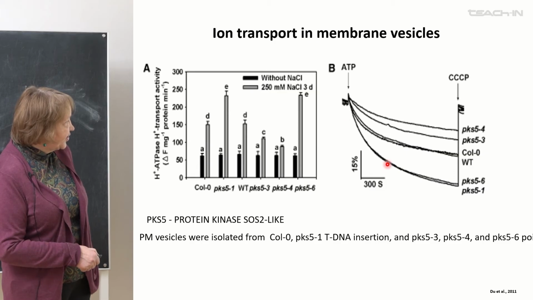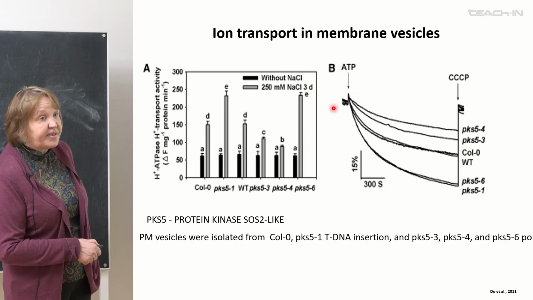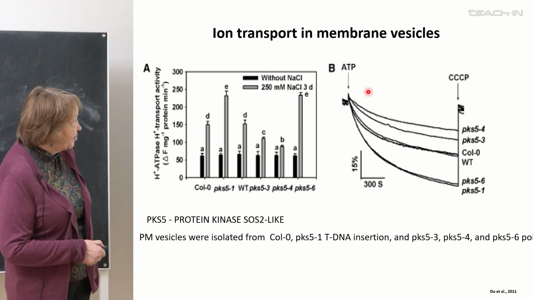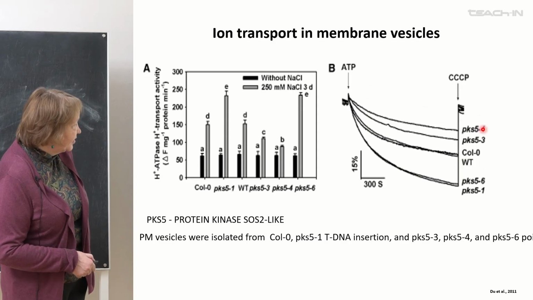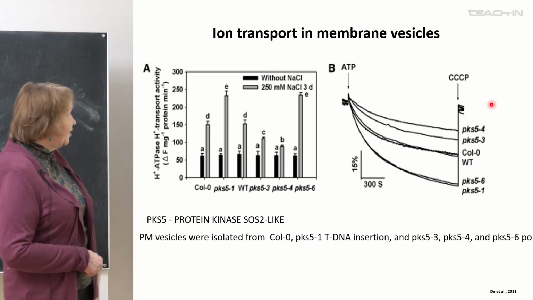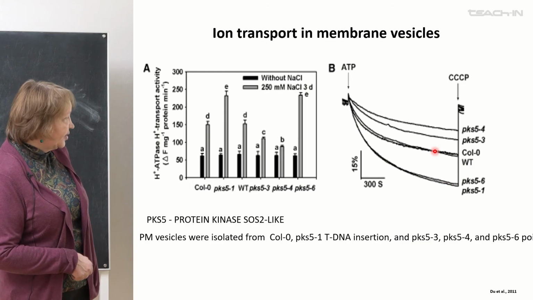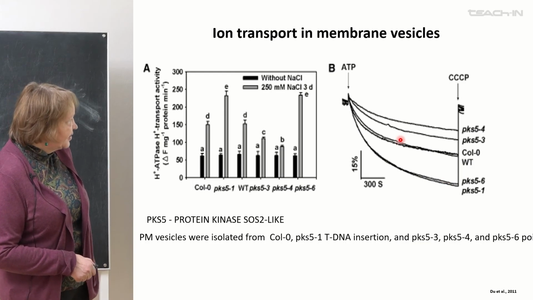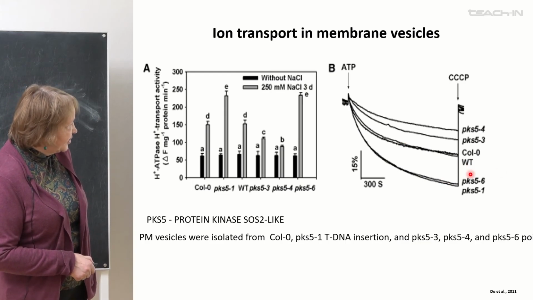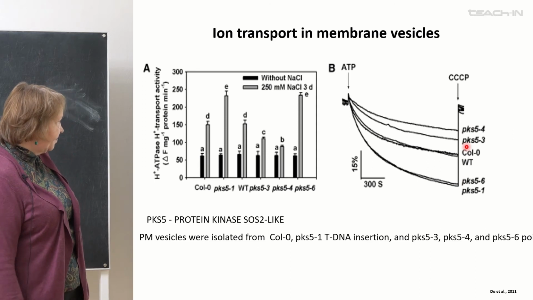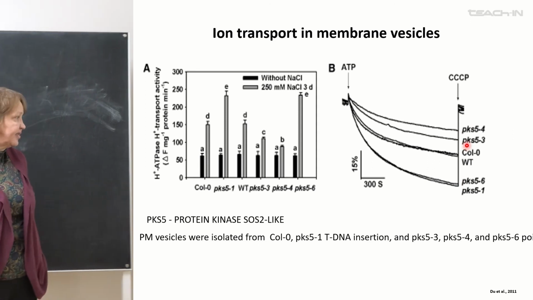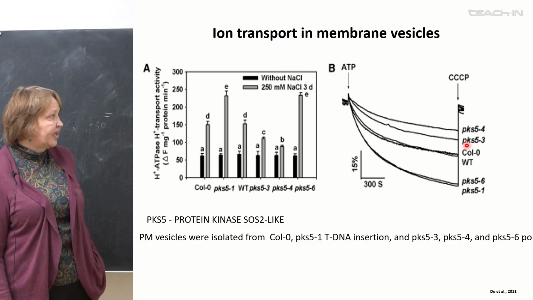And here you get ATP, added ATP to initiate the process. Because without ATP it doesn't happen, and this inhibits the pH ATPase. And these are mutants in protein kinase, SOS1-like.